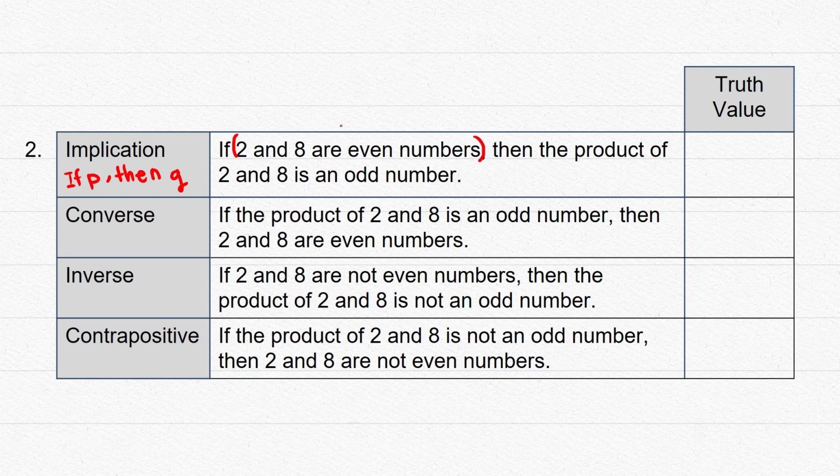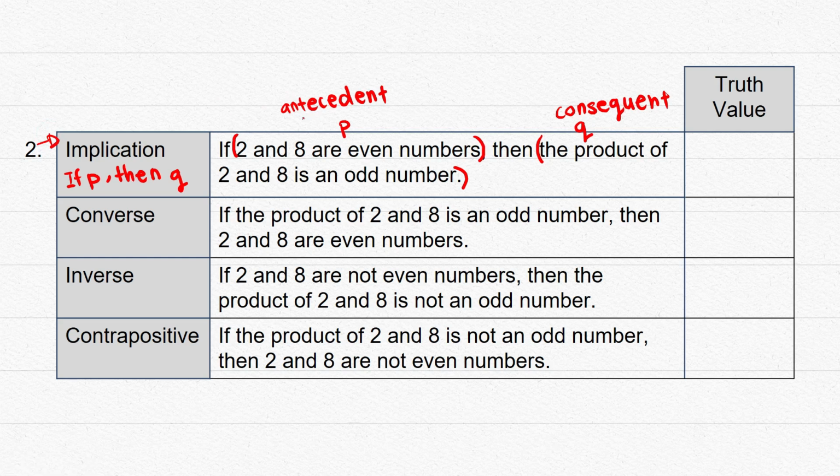This is P, the antecedent. Then the product of 2 and 8 is an odd number. This is Q, the consequent, for the implication only.